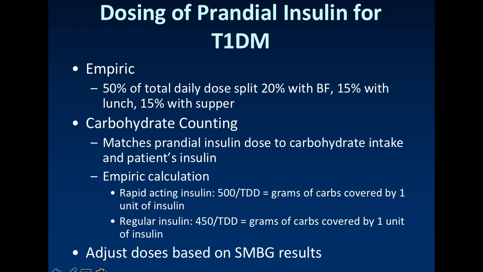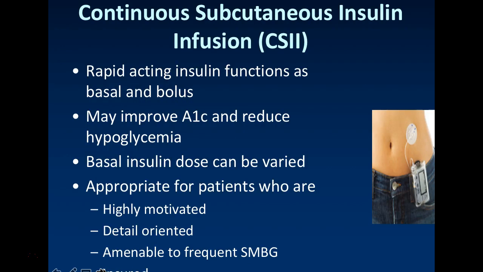However, because they're still taking insulin, you want to make sure that they are taking some form of carbohydrate in. And you could use a carbohydrate counter with an empiric calculation that about 30 grams of carbohydrates is going to be covered by 1 unit of rapid-acting insulin.